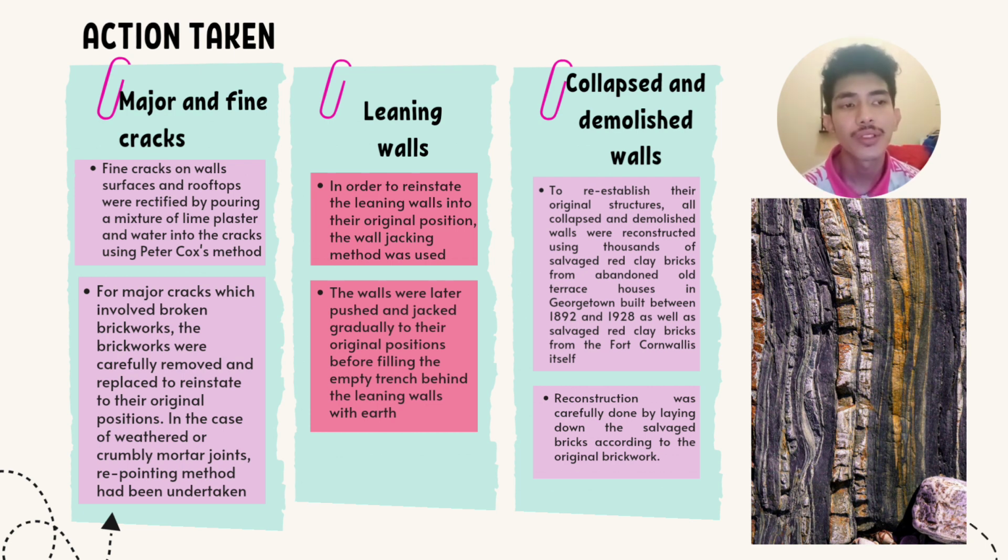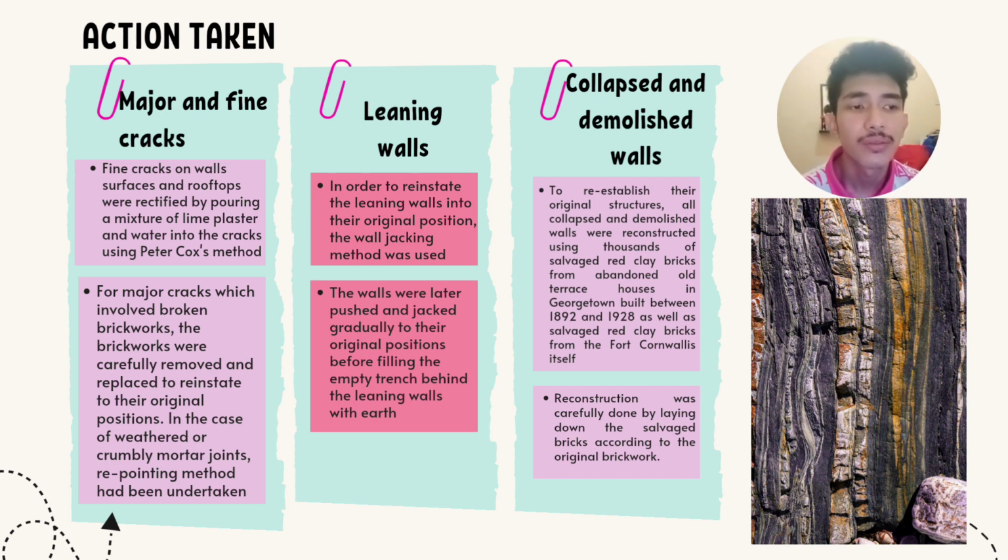This was followed by several 10 cm diameter hand-drilled concrete piles at about 25 cm intervals behind the leaning wall. The walls were later pushed and jacked gradually to their original position before filling the empty trench behind the leaning wall with earth.